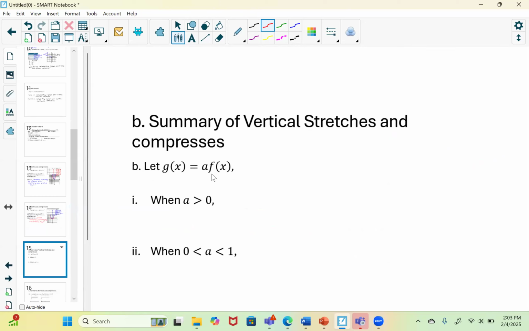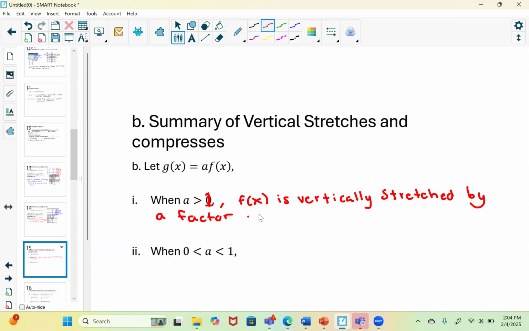So if we have A times f of x, and this should be A is greater than 1, not A is greater than 0, A is greater than 1. If we have that, our f of x is vertically stretched by a factor of A. And that's what we said on the page before.